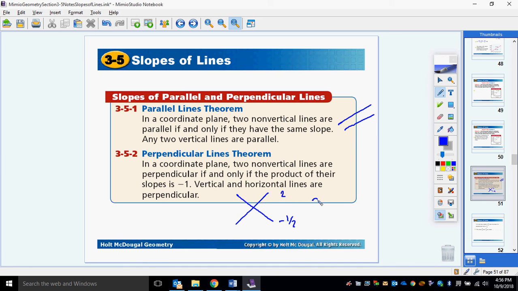Well, what's the product of these? So if I multiply -1/2 times 2, I will get an answer of -1. So I know that these slopes, 2 and -1/2, are perpendicular because when I multiply the slopes, I get -1. Okay, also horizontal and vertical lines are going to be perpendicular.